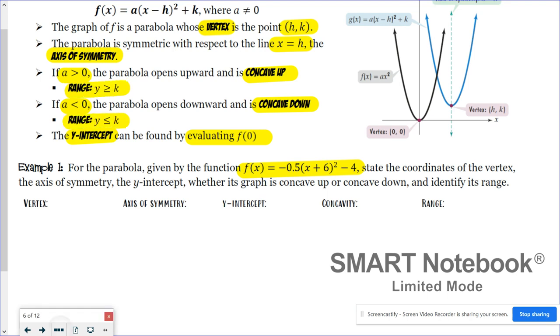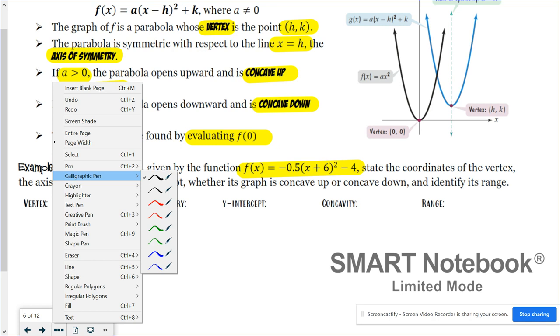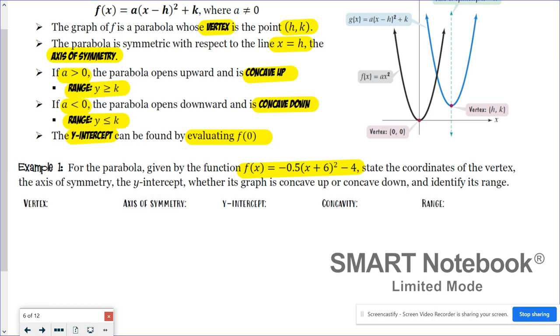We'll talk about that. So taking a look at this particular function, I guess we should identify h and k. So in this problem, h would be negative 6, k is negative 4. We always have to be careful with our x values, but that k value is going to be fine.